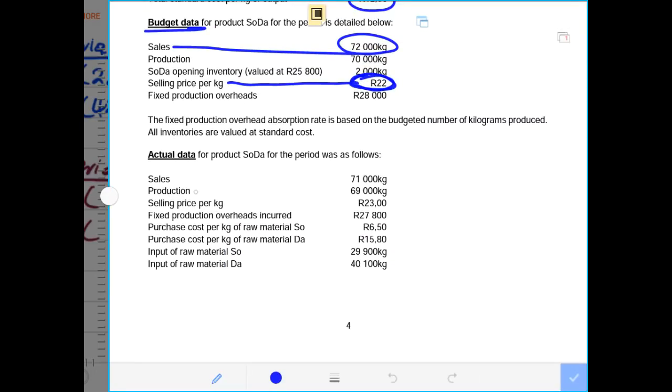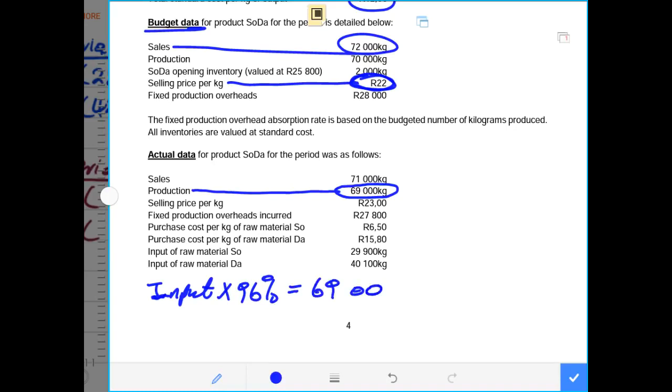So now, if we have our production as 69,000 kgs, meaning we said input, which we don't know the total of our input. We said our input times by 96% gave us the production of 69,000 kgs.